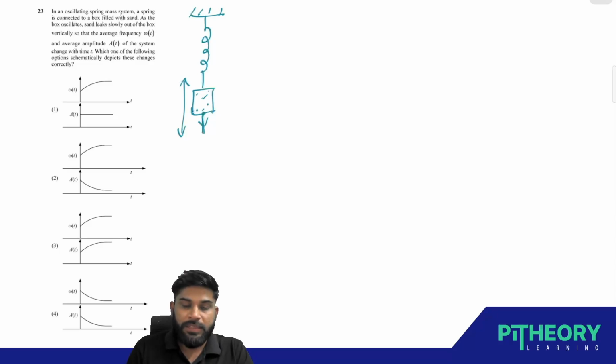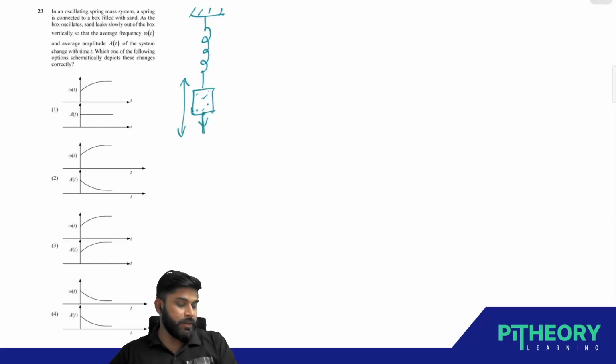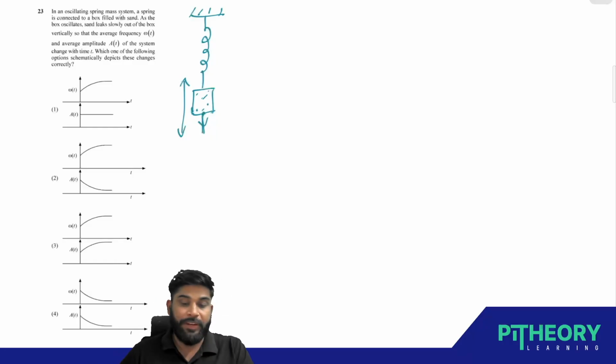Right. So as the sand leaks, what will happen? There are two things that will be happening. How it will affect the angular frequency omega, and you also need to see how it will affect the amplitude.